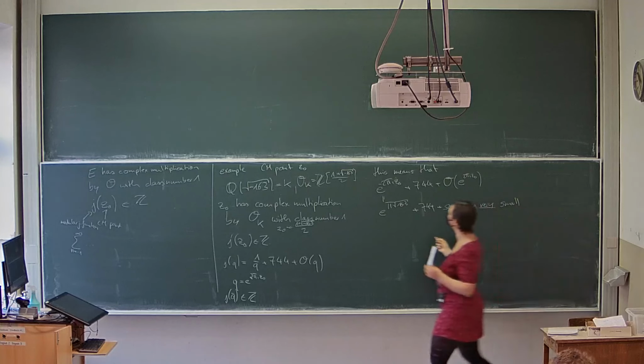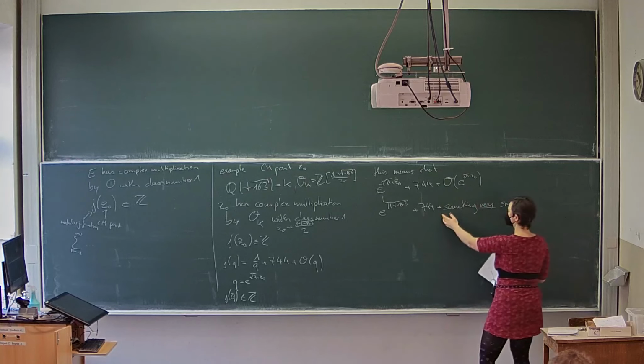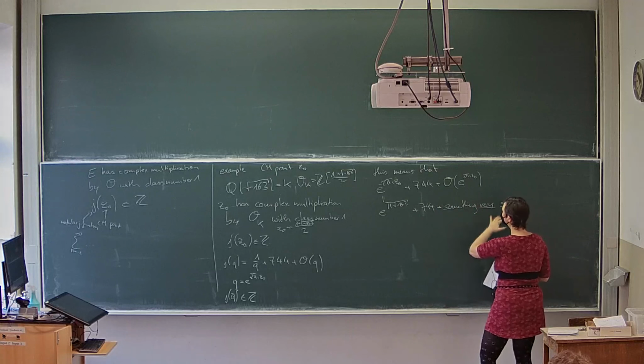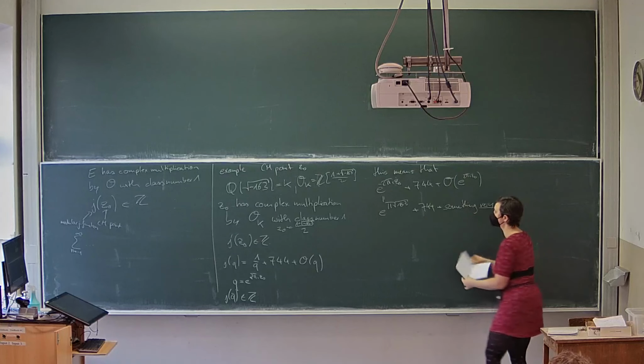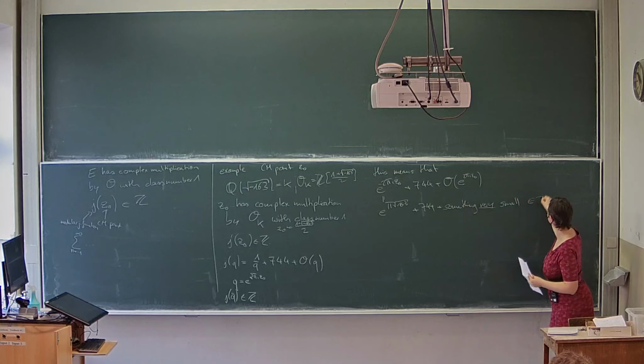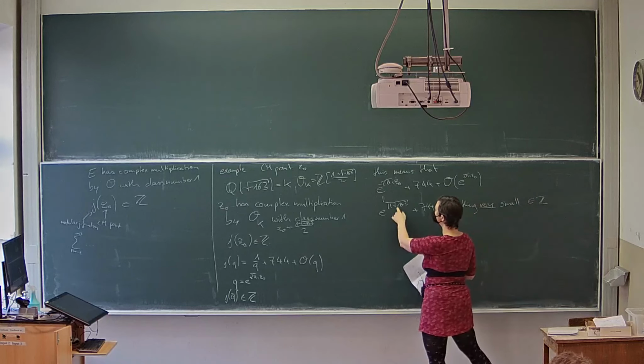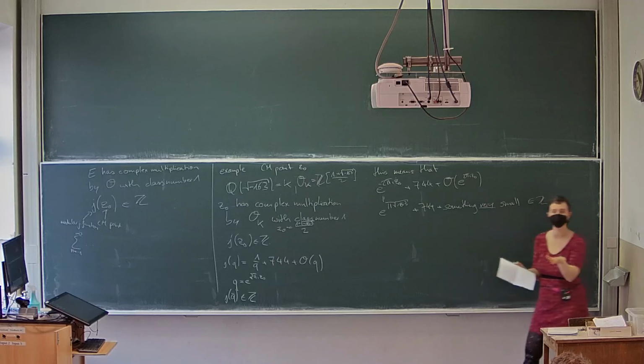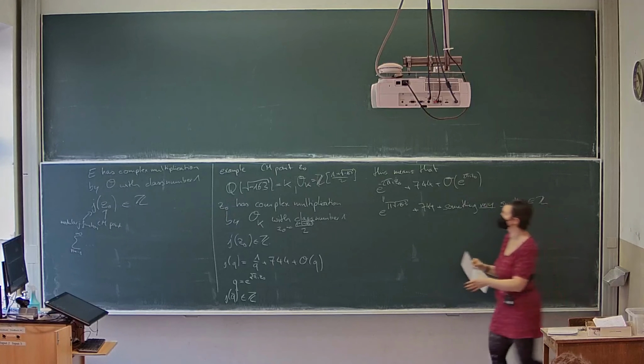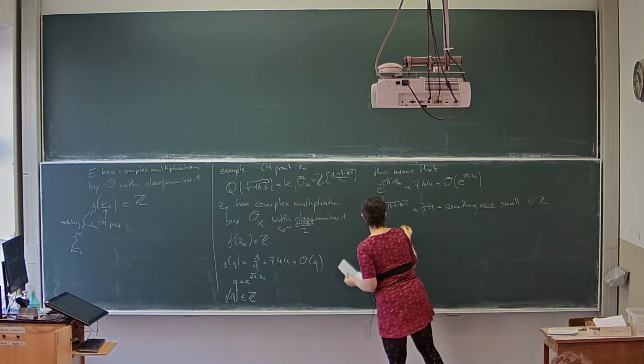Okay, why is this interesting? Well, we have something very small. We can basically forget about this. We have an integer, and all this together is also an integer, which means that e to the pi times square root of 163 is almost an integer, which is very nice and surprising, I think.